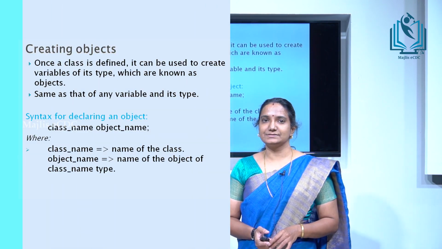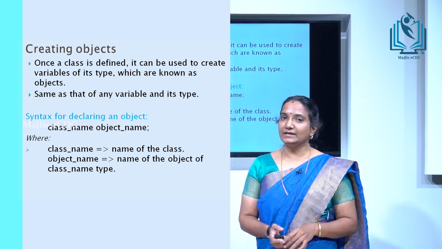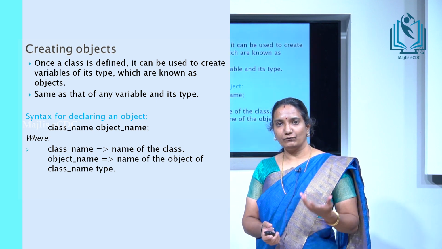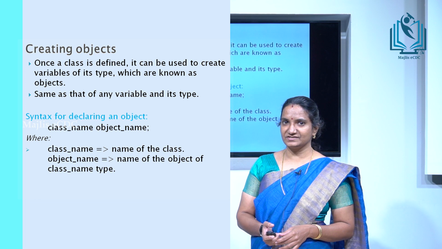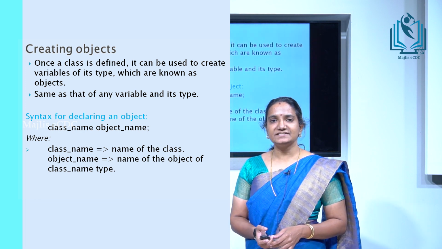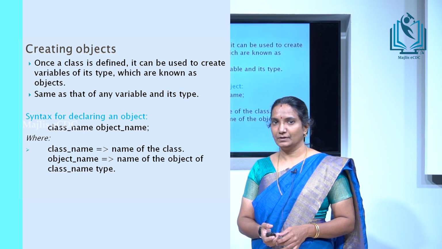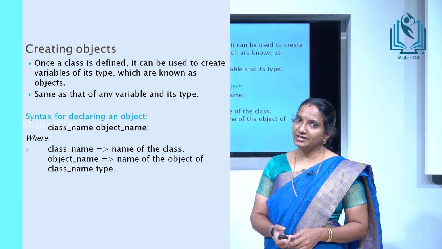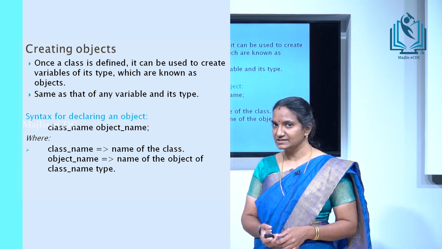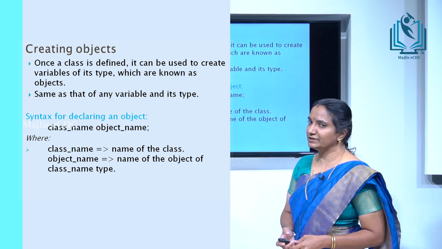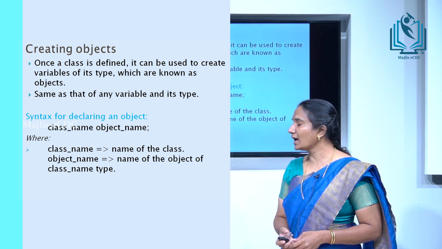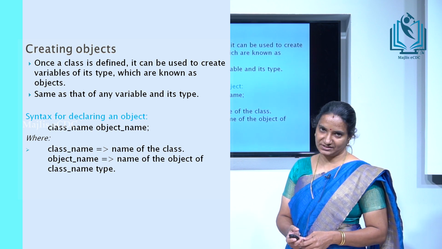Once a class is defined, we can create one or more objects of its type. It is the same way as our variable declaration. Int a is a variable of type integer. Like that, the syntax for declaring an object is class name, space, object name.